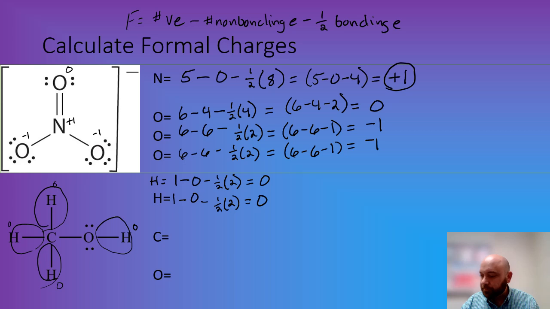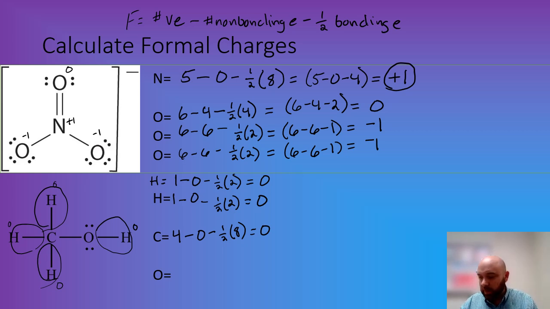For carbon, carbon normally has 4 valence electrons. This carbon in particular has 0 non-bonding electrons, and this carbon has 8 bonding electrons from the 4 bonds it shares to the H's and the O. Once you calculate that out, the carbon has a formal charge of 0.